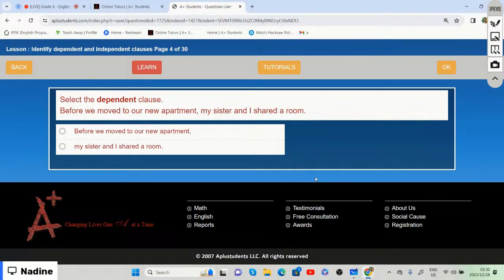So the dependent clause, is it "before we moved to our new apartment," or "my sister and I shared a room"?